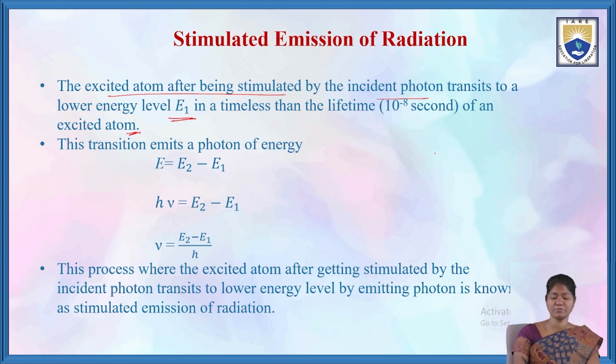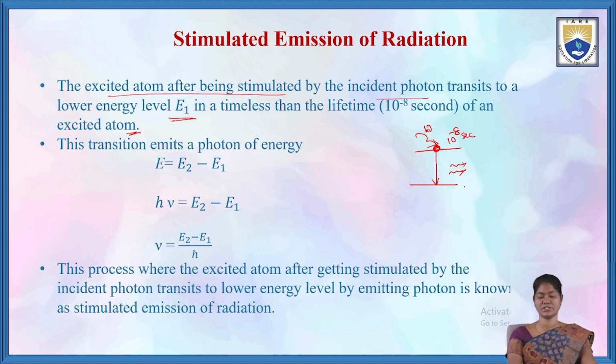The atom is already at the excited energy state. Before its lifetime, this atom is stimulated by the incident photon h nu, and then transits to the lower energy level. While transiting, it emits photons of radiation.